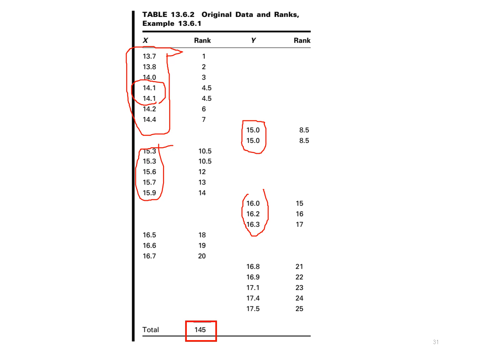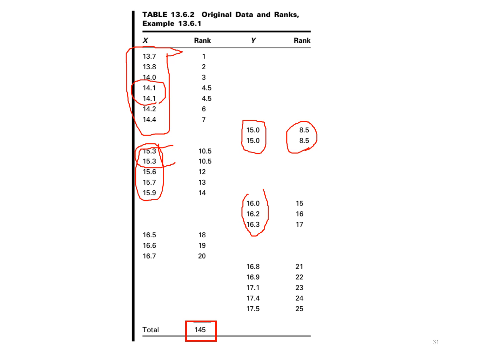This one is the same thing: the ranks were 8 and 9, so instead each gets 8.5. Then another similar case here, rank 10.5 instead of 10 and 11.